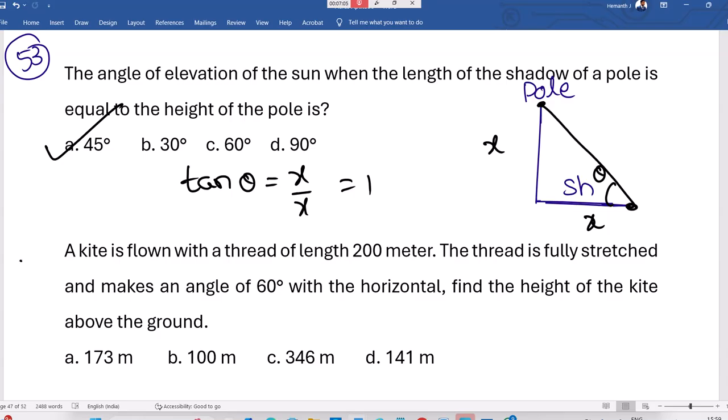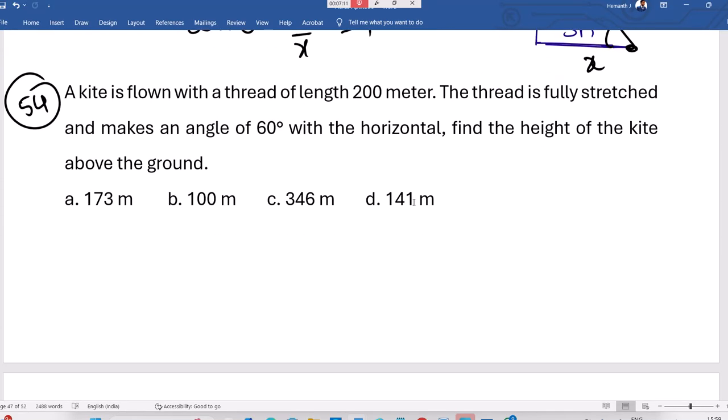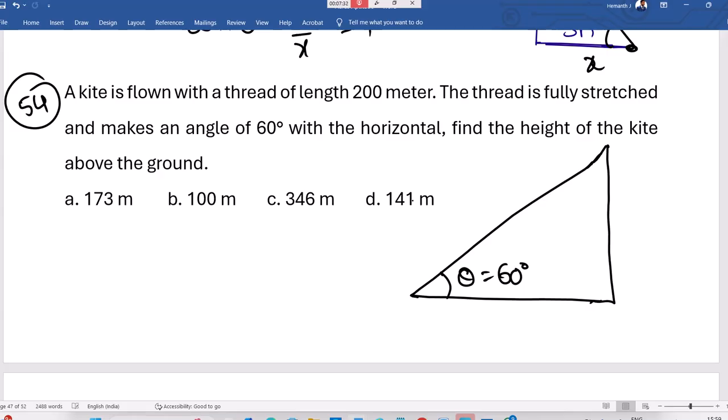Next one, 54. I said angle of elevation, depression they are asking, please focus. Now here a kite is flown with a thread of length 200 meters. The thread is fully stretched and makes an angle of 60 degrees with the horizontal. Guys, this is 200 meters. With respect to the horizontal, it is creating an angle of 60 degrees. Is this 200 the hypotenuse?